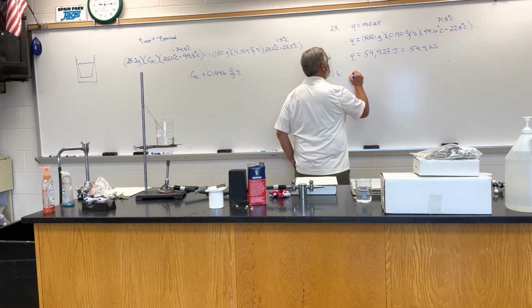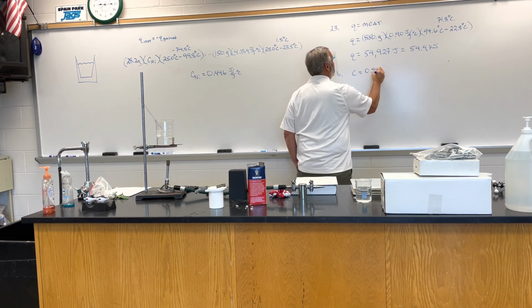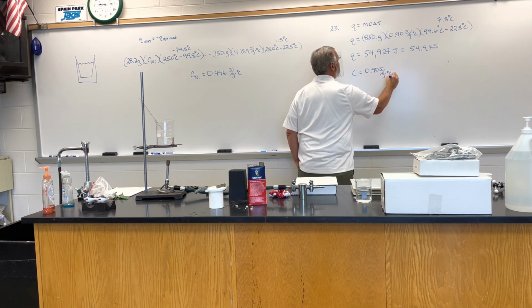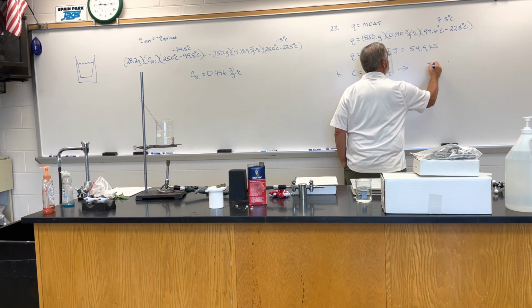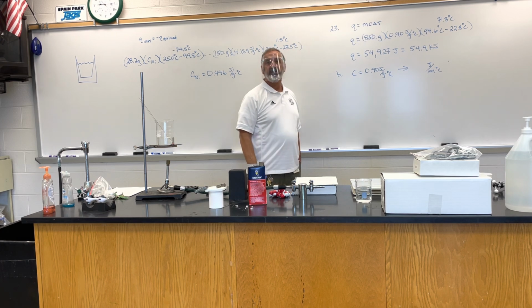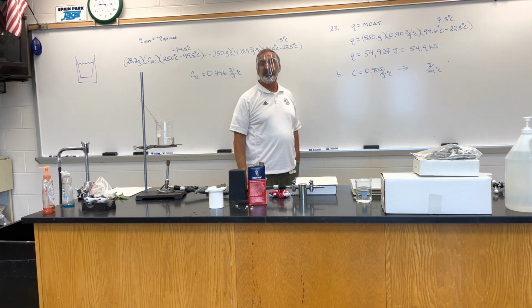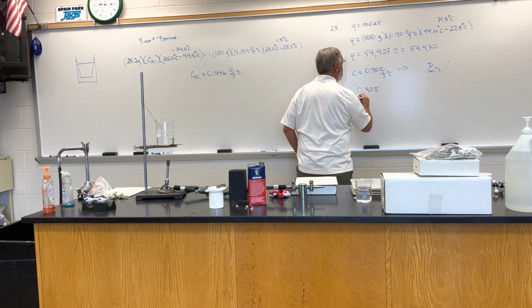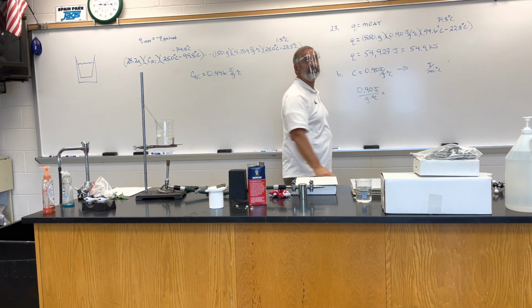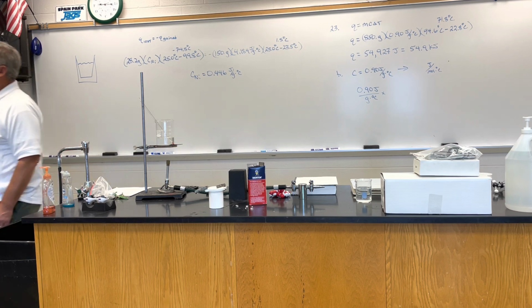We know that the specific heat, this little c, is equal to 0.9 joules per gram degrees Celsius. We want to convert that to joules per mole degrees Celsius. So what do I need to get rid of? Grams, and change it to moles, which we do using the molar mass. So we'll say 0.9 joules per gram degrees Celsius times the molar mass of nickel, 58 something, 58.69.